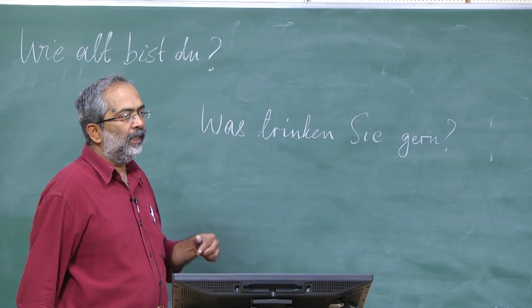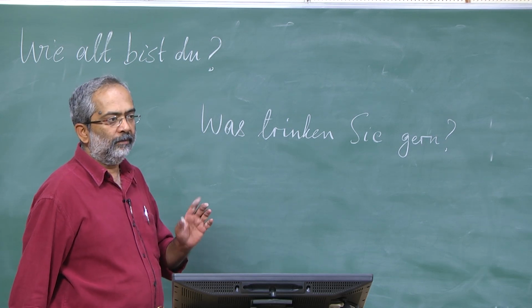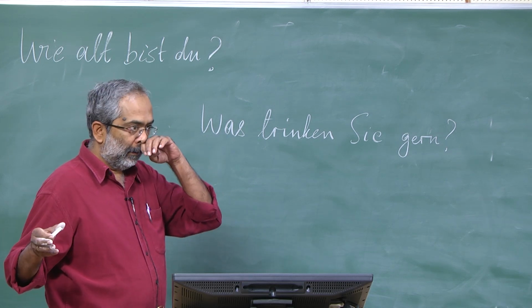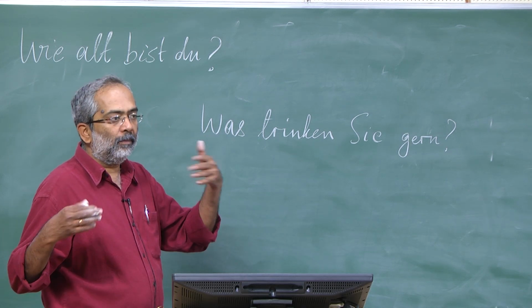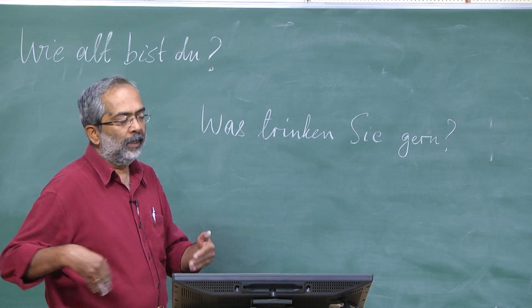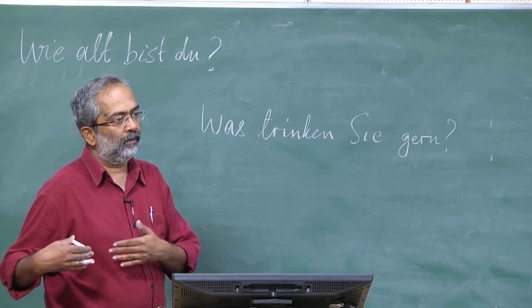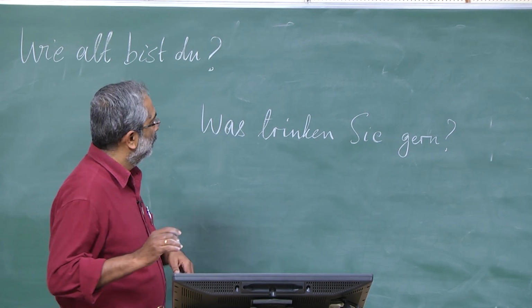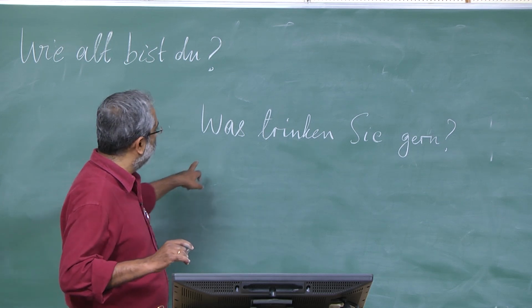It is not as if every time we use what in English, we have to use was in German. The two languages are different. Okay. So, some of the expressions which in English are with what, in German they are with we and not with what. That's a language specific difference. Okay. So, was trinken Sie gern is clear.